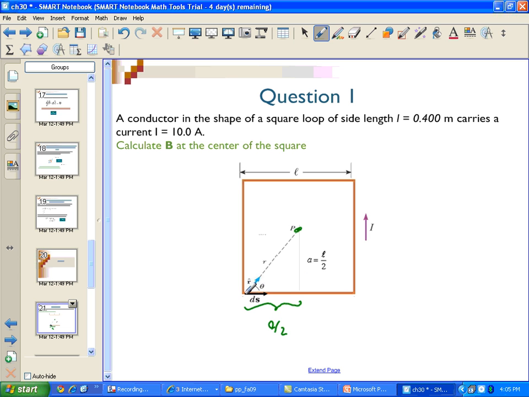And what we're going to do is let this side coincide with the x-axis. So we have a finite wire of length L, 0.4, and we set this up pretty much the way we set up the problem in the lecture.